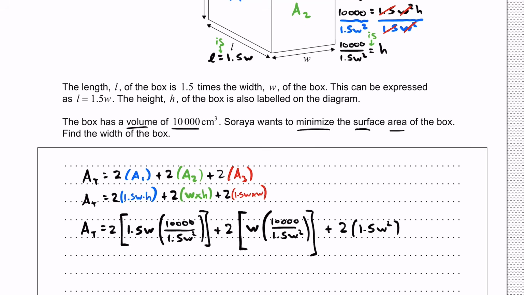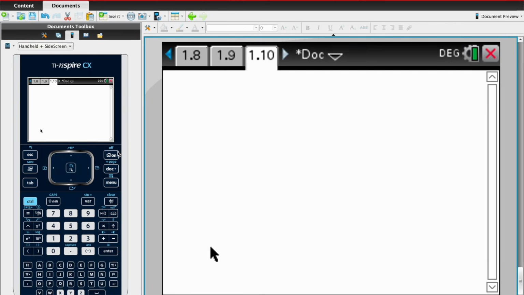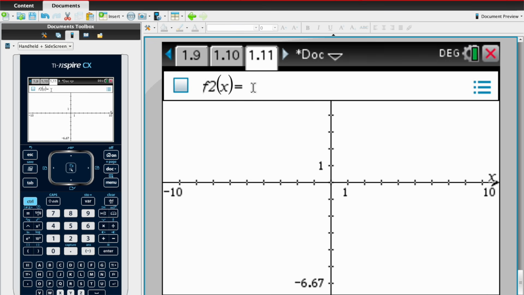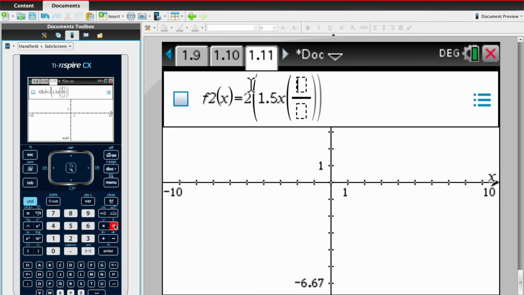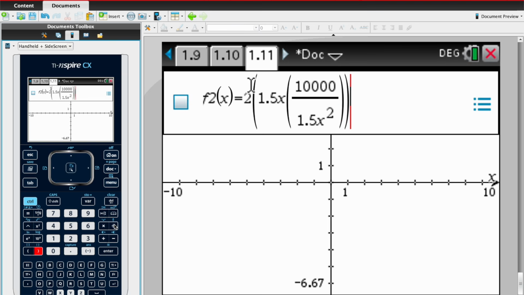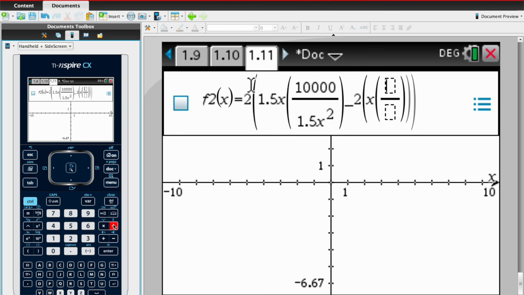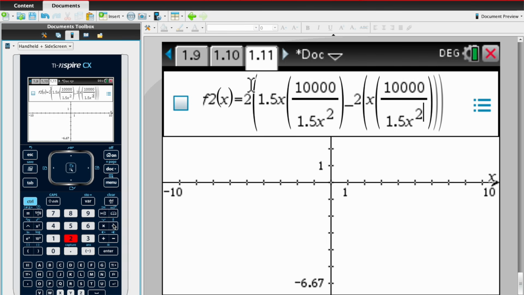So let's go to the calculator here, and let's go to our graphing feature. And we have 2 times, we're going to need to write this in terms of x. 2 times 1.5x, open another bracket. 10,000 over 1.5x squared plus 2 times x, open up another bracket, sorry, a fraction rather, 1.5x squared.